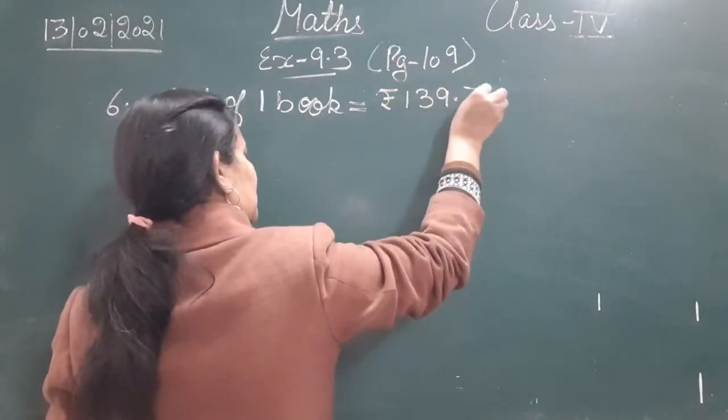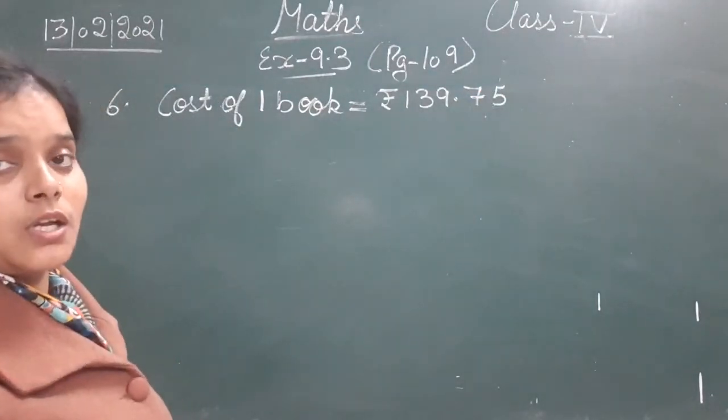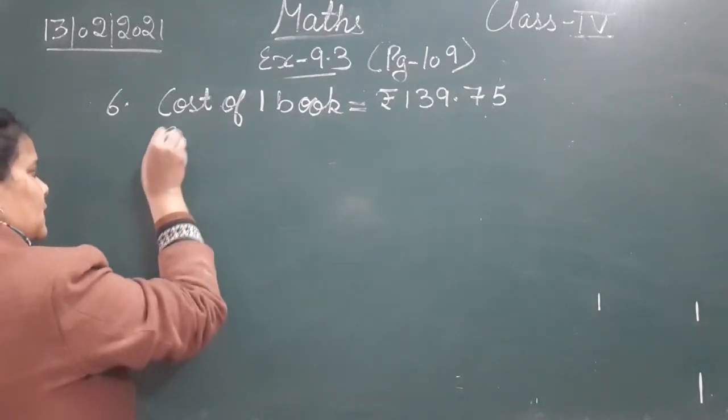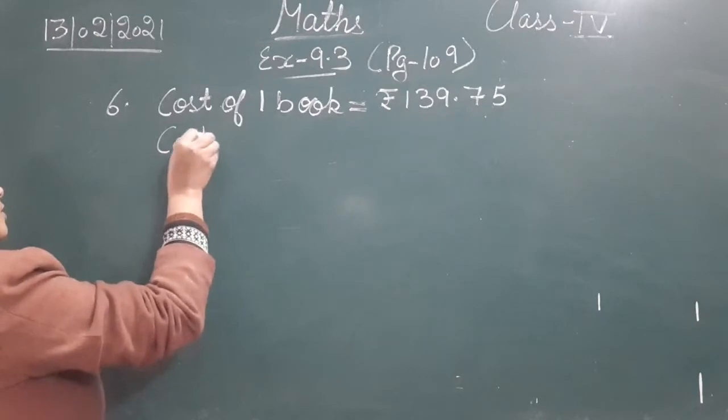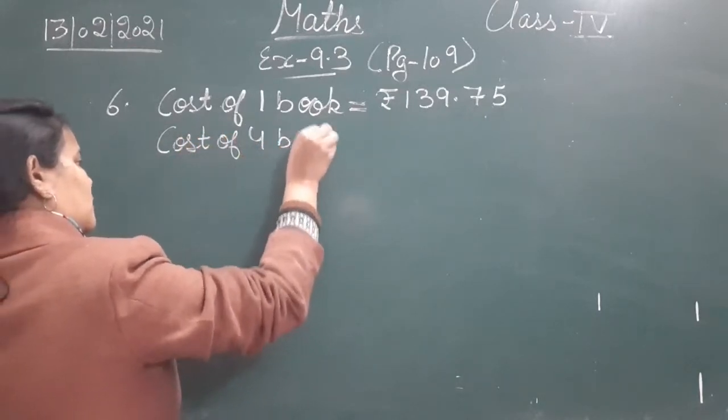So this is the cost of one book. Now let's calculate the cost of 4 books that she had bought.